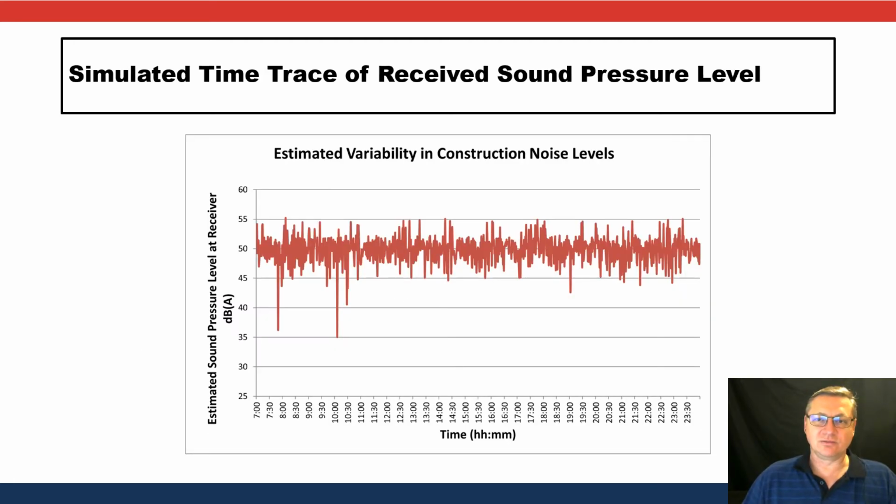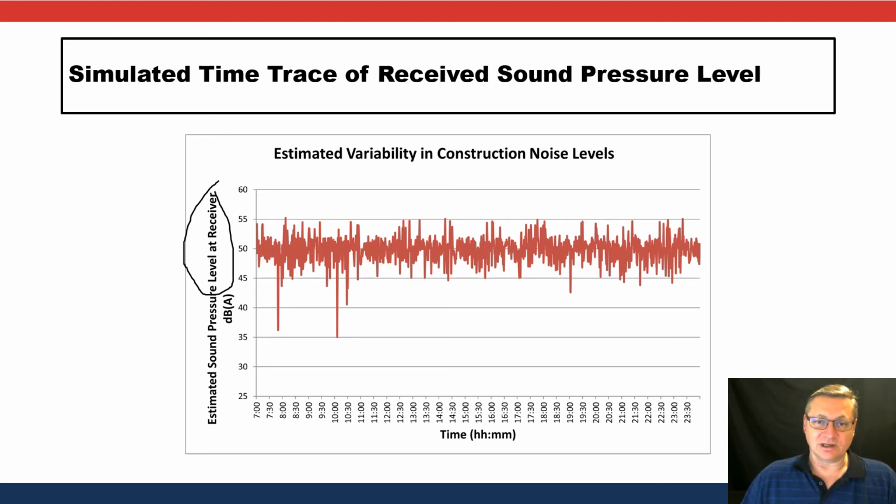So if we have the propagation attenuation from the sources to the receivers, and we apply that to our noise emissions in all of our 1,000 samples, then we can now estimate the variability in the noise levels received at the receivers.